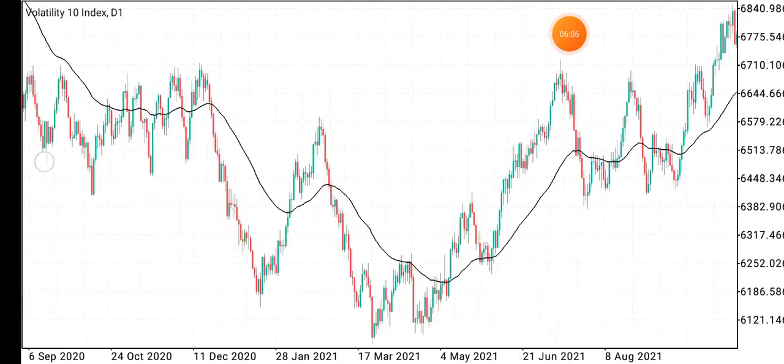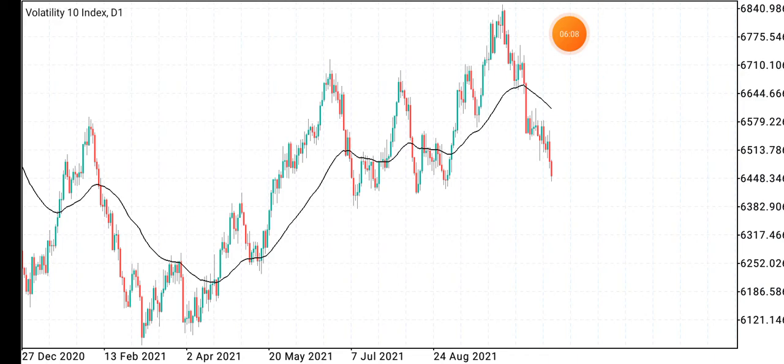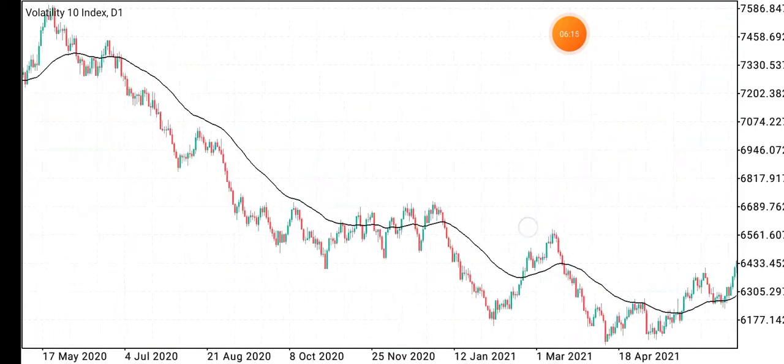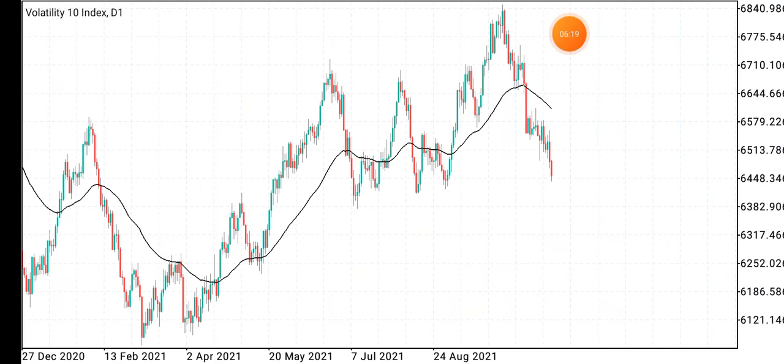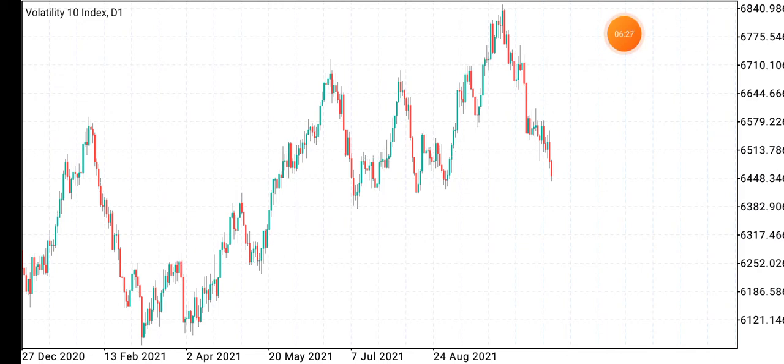That's for swing traders. If you're a day trader, use the 50 for identifying longer term direction. And I assure you, if you're a day trader, all that I've said will be profitable to you. So that was for day traders.